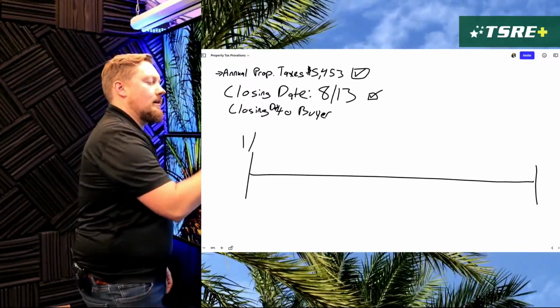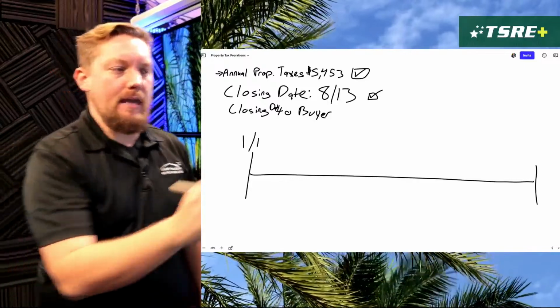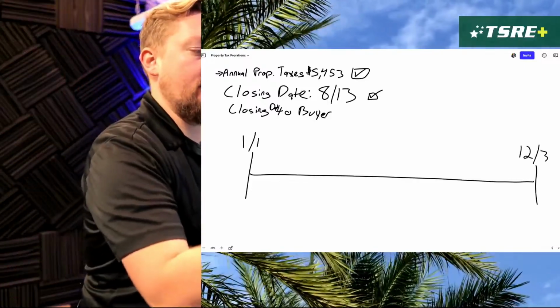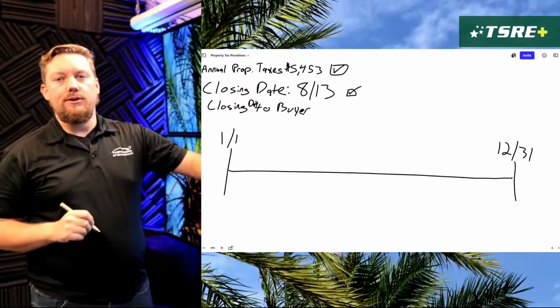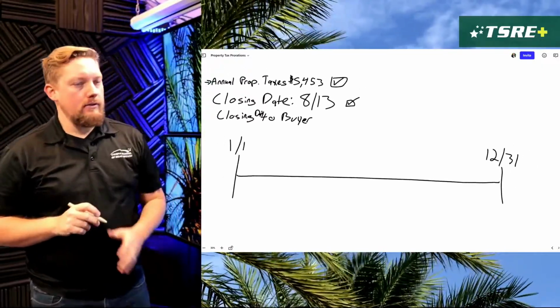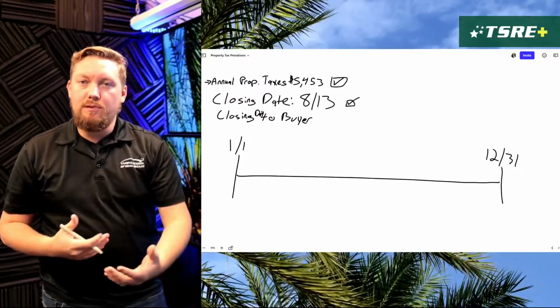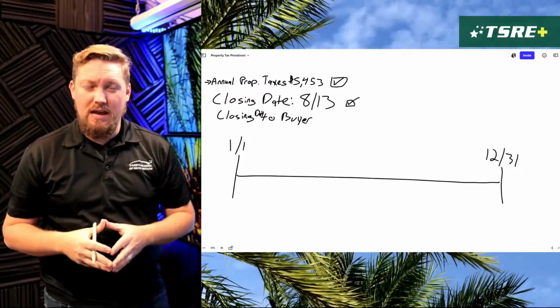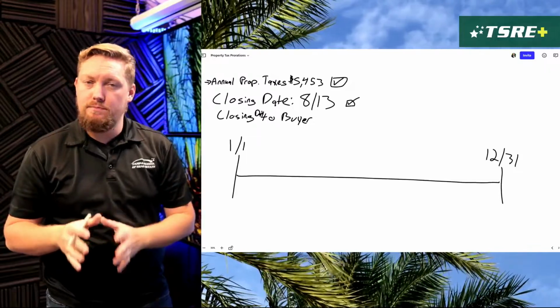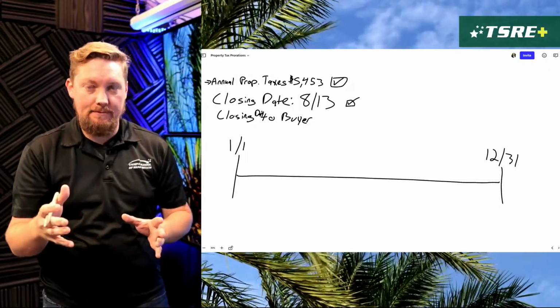So taxes are levied on a calendar year basis, which means from January 1st to December 31st. Now, in the real world, if you pay your property taxes as part of your mortgage payment, that's ultimately going to confuse this much more than you would on the exam.